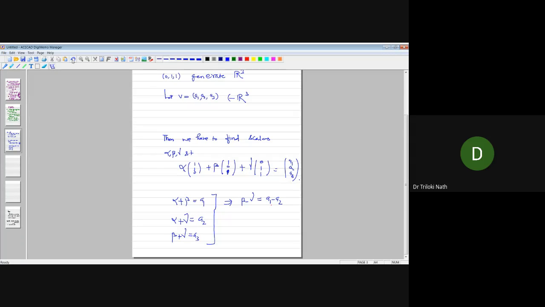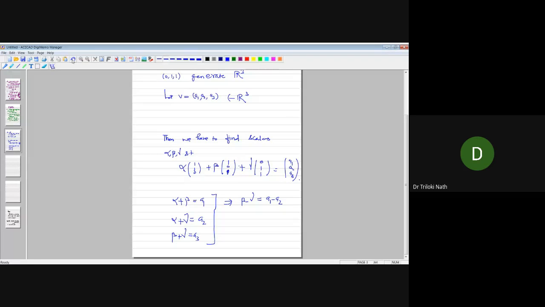Okay, beta minus gamma is this one. And beta plus gamma is A3.